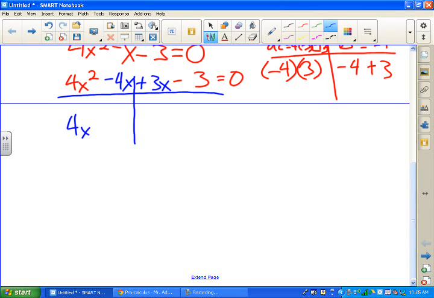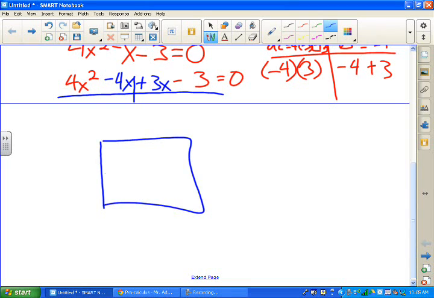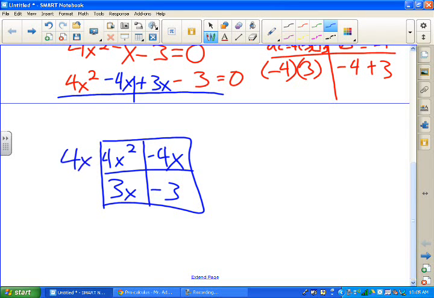Now, there's an old method that you could use that's a T factoring method. I like to use the grid method, which is a little easier. I'm going to replace my negative x with negative 4x plus 3x, and then write all four terms in the grid. If I factor out the greatest common factor from the columns and the rows, I should factor out the quadratic expression.